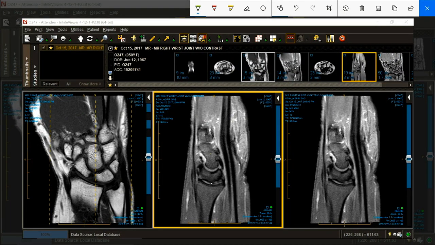The capitate is centered over the radius, but the lunate is displaced. Not tilted, displaced. It could be tilted, but also displaced. That's a lunate dislocation. What if the capitate has gone dorsally, but the lunate stays? That's a perilunate dislocation.